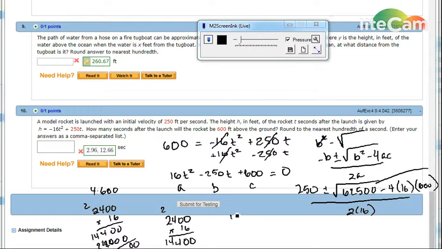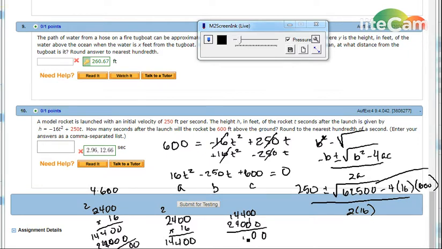So we got 14,400 plus... the part of the challenge here is that this pen I'm using is not allowing me to line up these numbers, so let's see, these are lined up here.